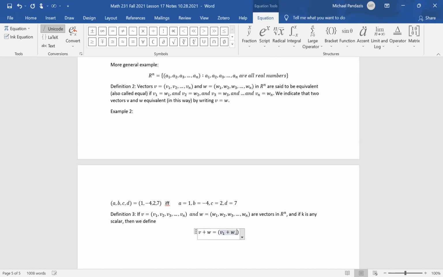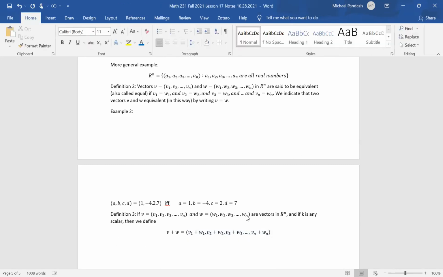So v1 plus w1 is the first component, v2 plus w2 is the second component, v3 plus w3 is the third component, and so on, vn plus wn is the nth component.